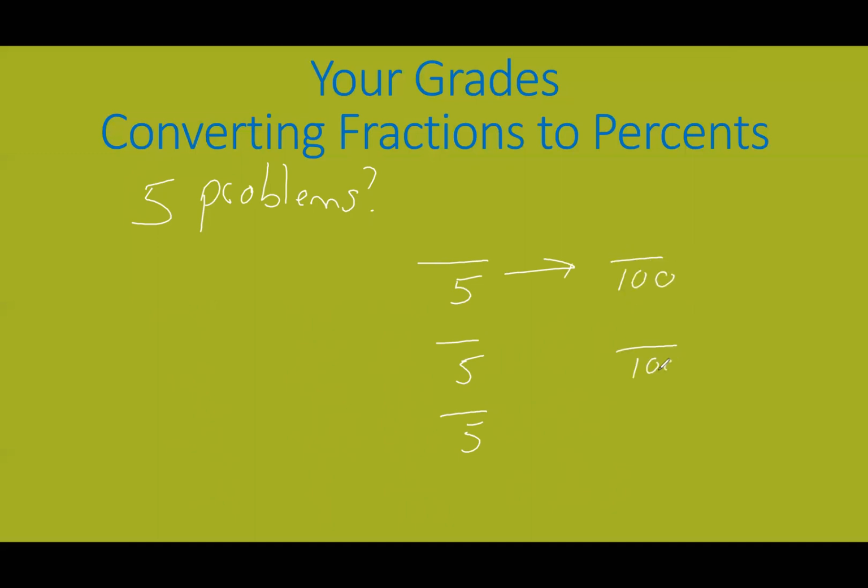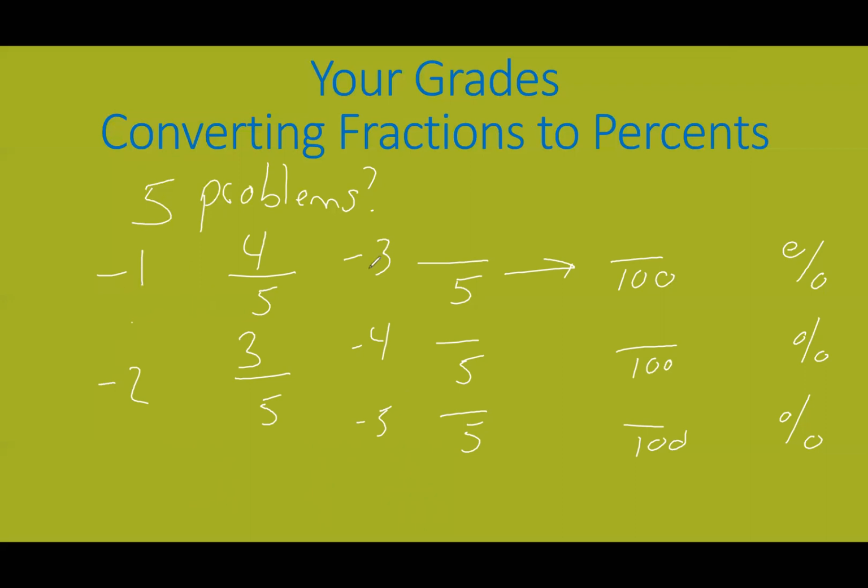To find that percentage, get your paper and pencil, and I want you to find out: if you got -1 wrong, then you have 4 out of 5, right? -2 is going to be 3. -3, -4, -5. Continue this pattern, and let's see if you can find out what the grades are.